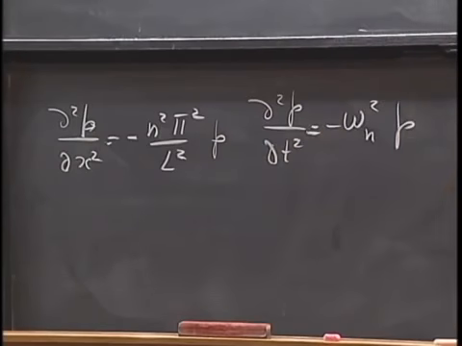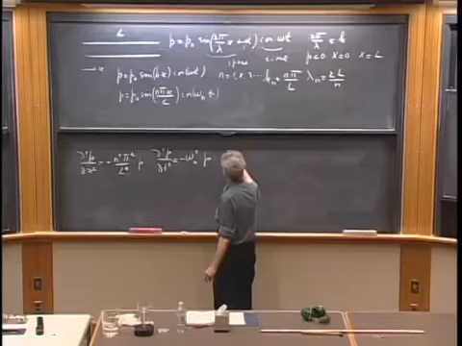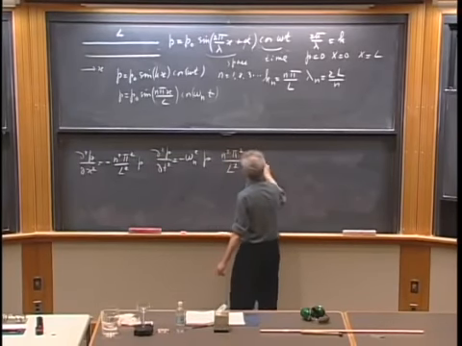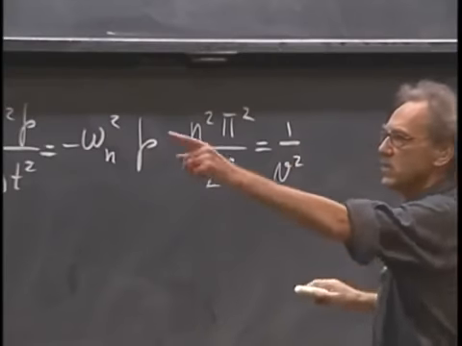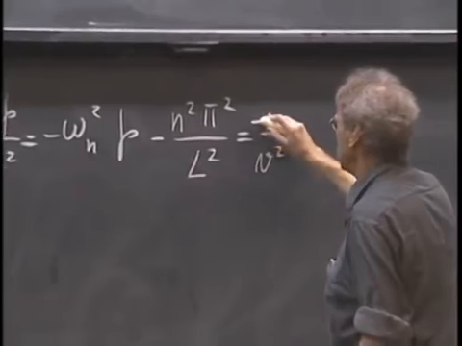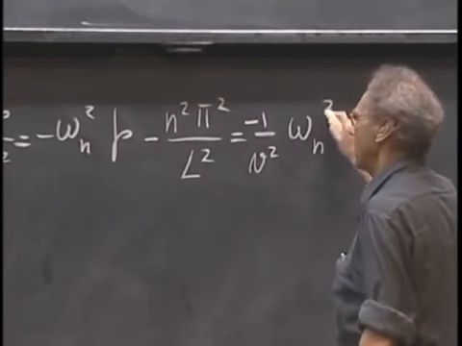And now we are in business, because now the wave equation will tell us the connection between the two. It tells us that n squared times pi squared divided by L squared is now 1 over v squared, that is the 1 over v squared that I have there, and there's a minus sign here, and there's a minus sign here, times omega n squared.